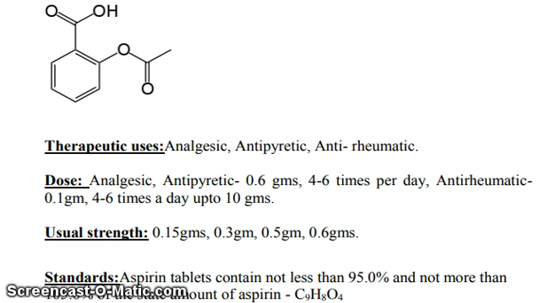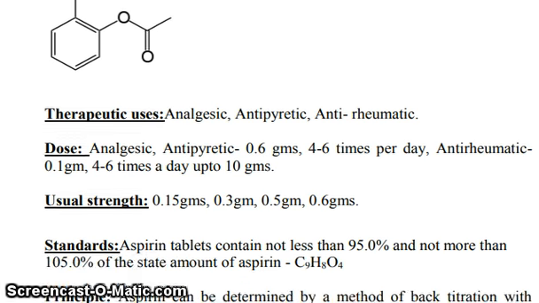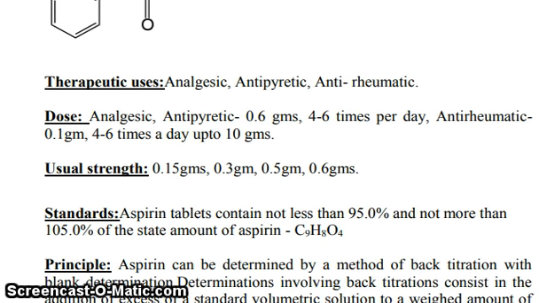What are the uses? Analgesic, antipyretic, anti-rheumatic. This is the dose. Analgesic, antipyretic: 0.6 grams, 4 to 6 times per day. Rheumatic: 0.1 gram, 4 to 6 times a day, up to 10 grams.